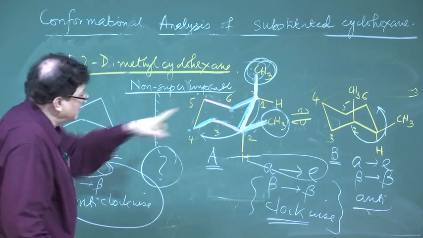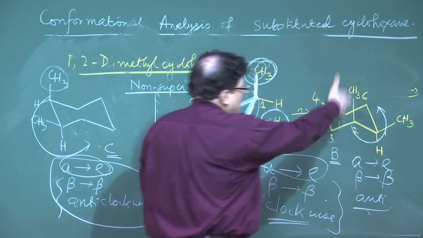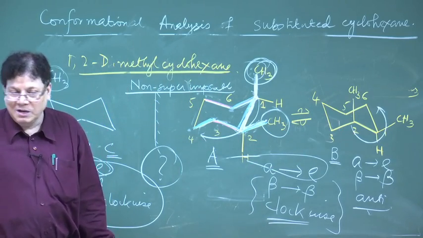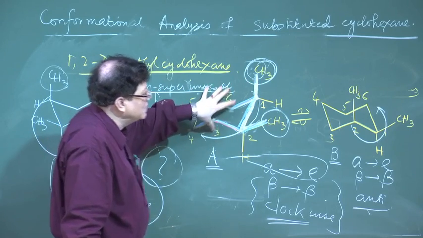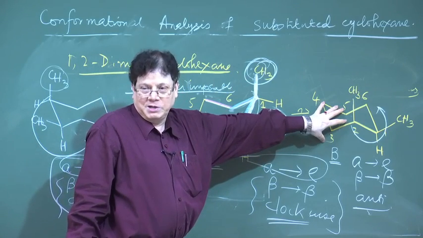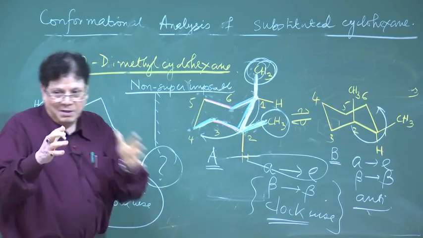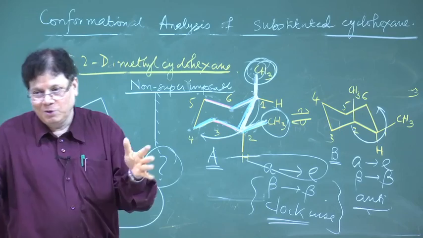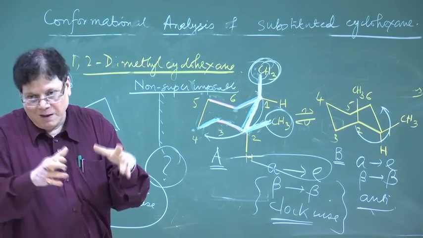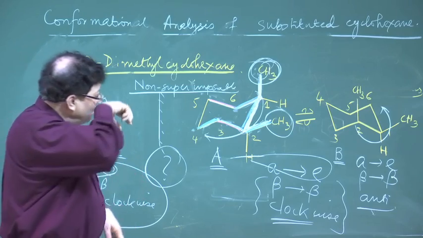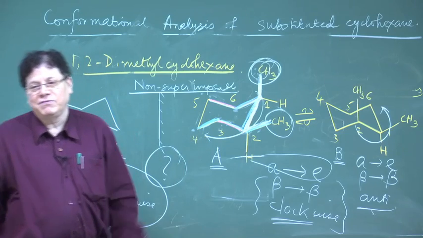Since both these two have the same energy, because one axial, one equatorial situation, in a mixture, if you try to isolate this molecule, half of this will flip and go into the mirror image. That means, this molecule will always exist as a 50-50 mixture of the two forms, the mirror image and the original. Why are they remaining 50-50? Because they have the same energy and they are interconvertible by flipping.